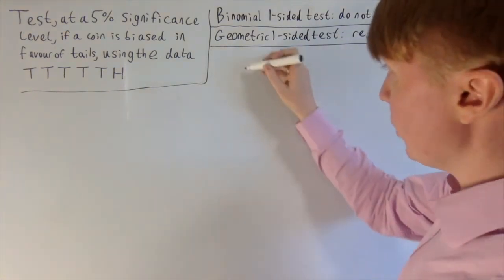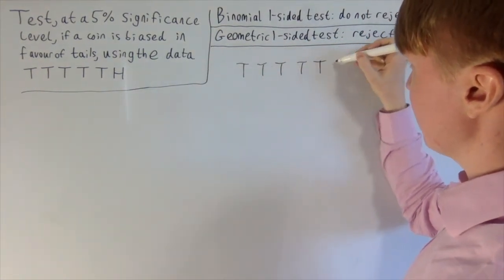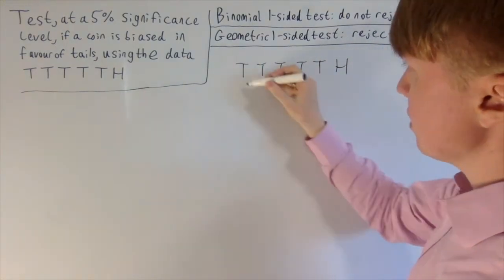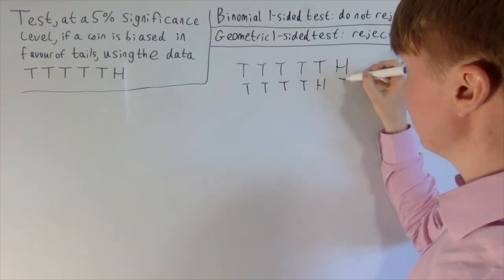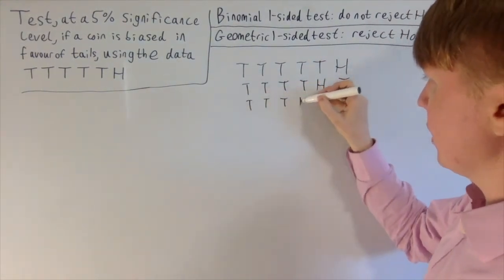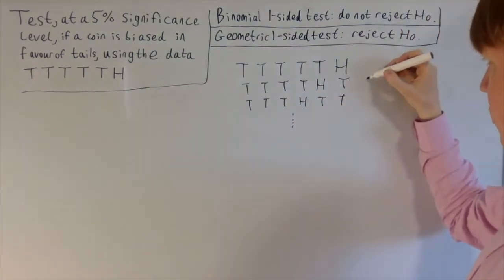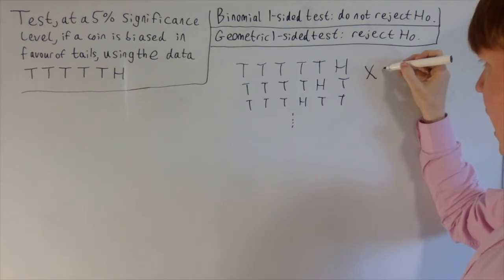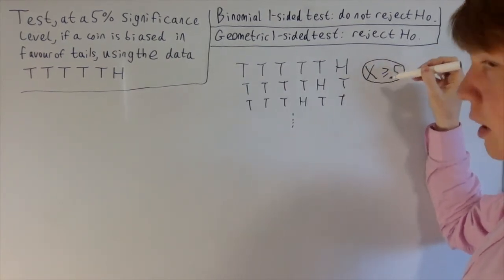So for the binomial setup, if you get tails, tails, tails, tails, tails, heads, we treat this as being exactly the same as all the different orders where you get 1 heads and 5 tails, and so on. And we're working with x greater than or equal to 5, so getting greater than or equal to 5 tails.